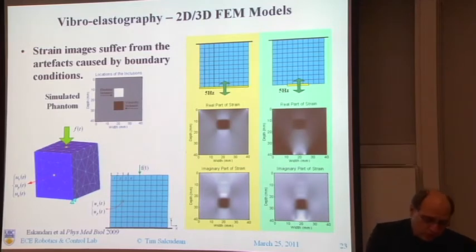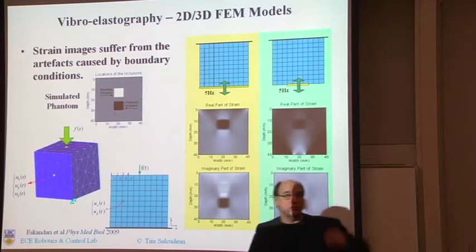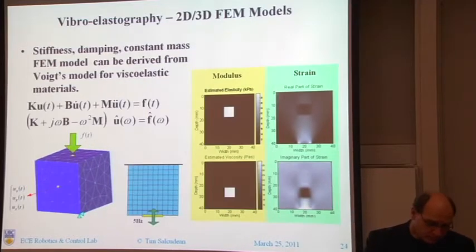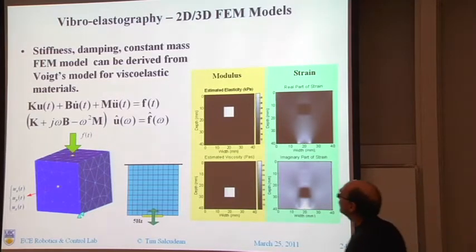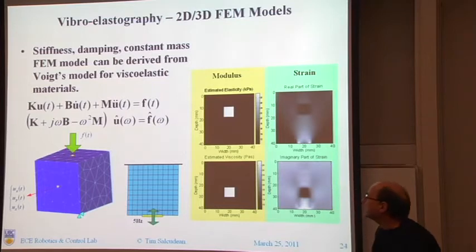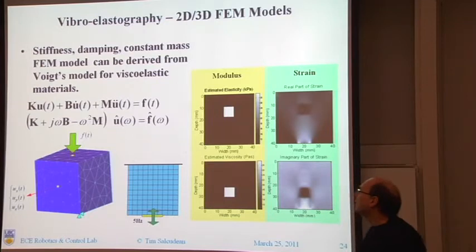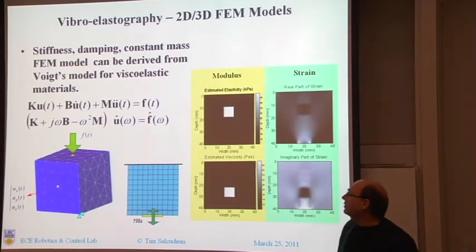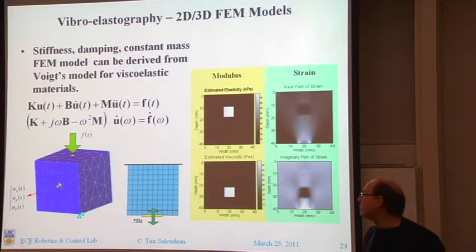So what we really want to do is come up with a model for this, and we use a finite element model, which after discretization using Voigt's model for viscoelastic materials appears in a standard lumped form, an MBK system, in which M, B, and K correspond to the number of nodes that you have in your system, and at each node you have 3 displacements, Ux, Uy, and Uz.